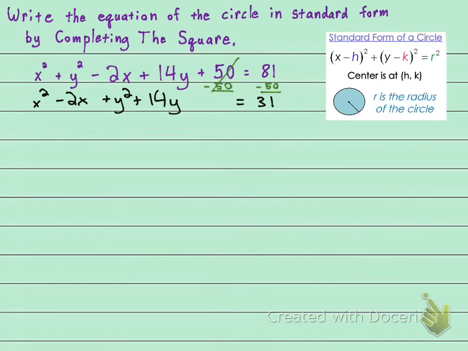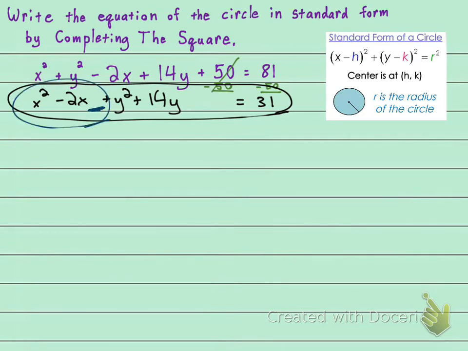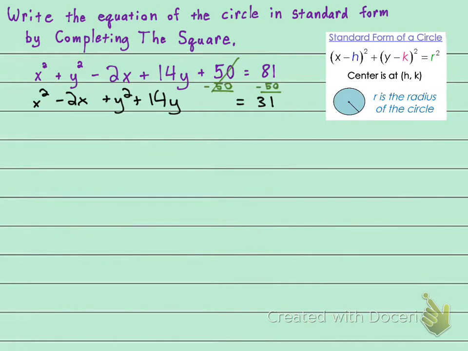Alright, now in order to complete the square, I'm going to take this equation and put in this perfect number here that will make my x a perfect square, and I'm going to put in this perfect number here that will make my y a perfect square. So let's do that in the next step.